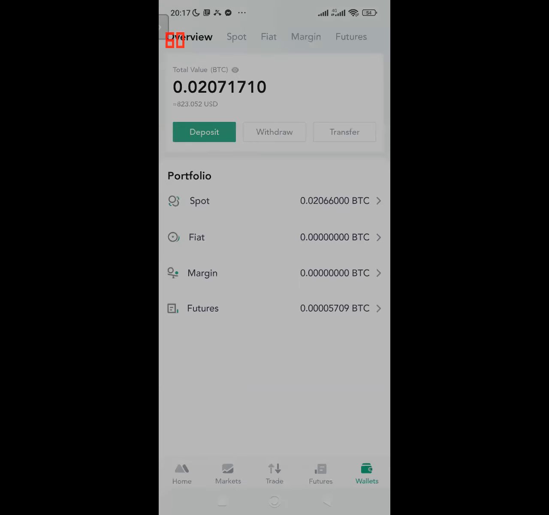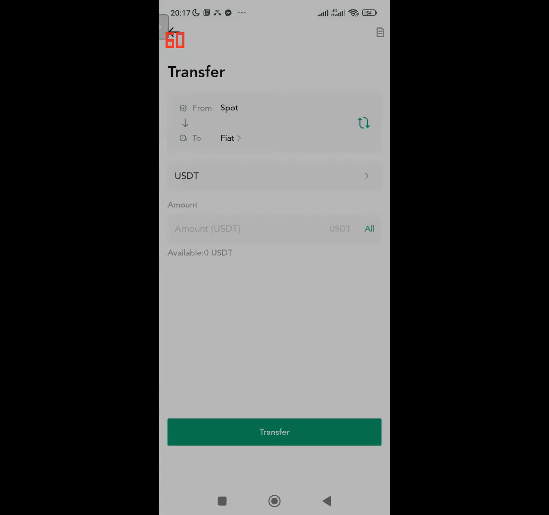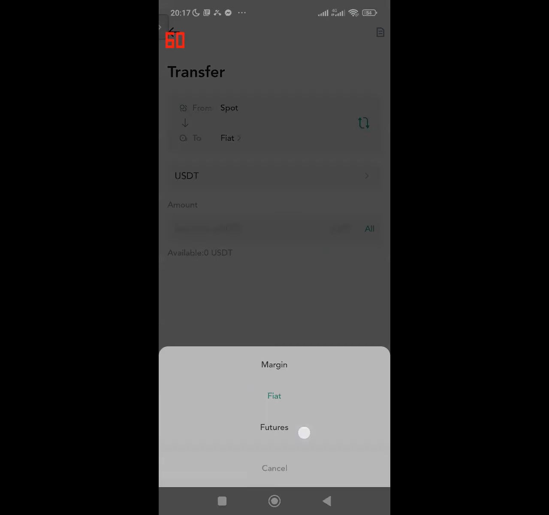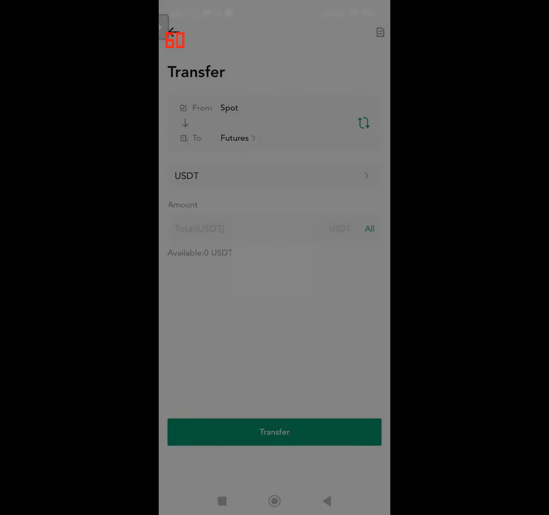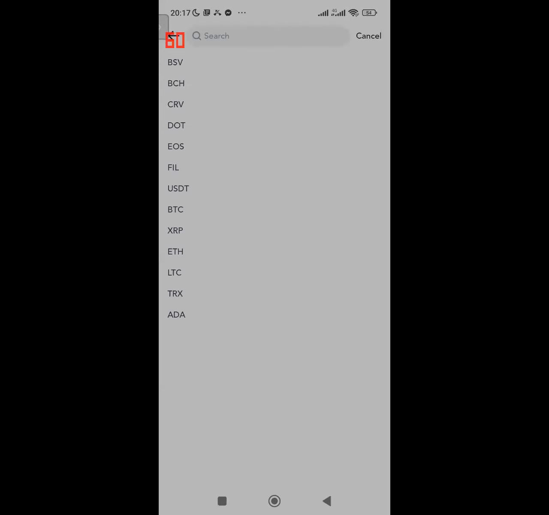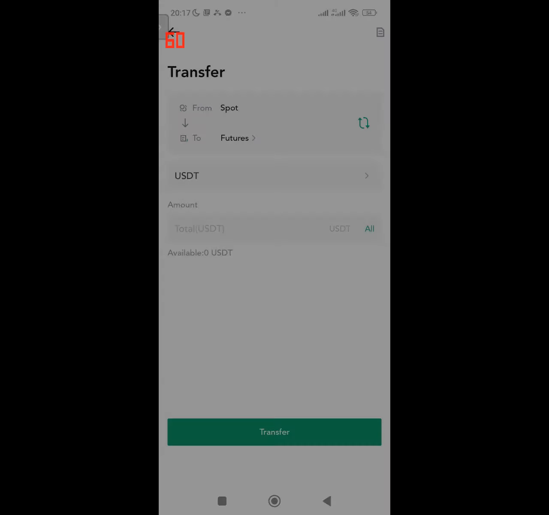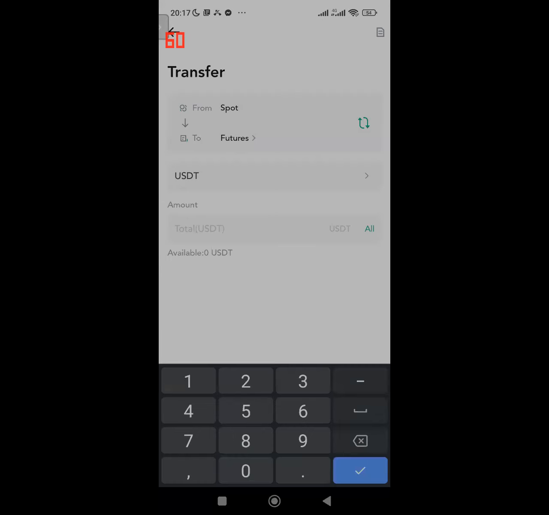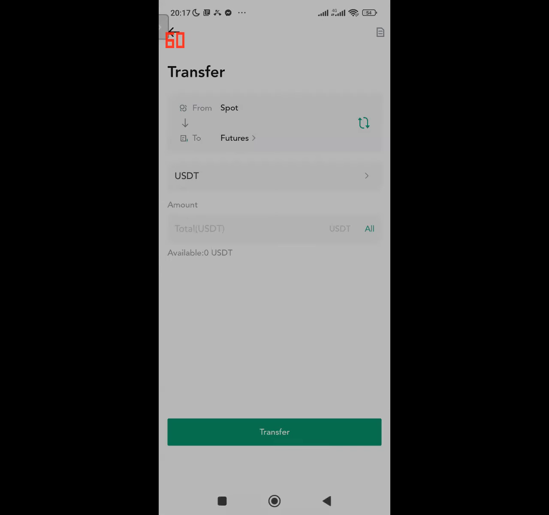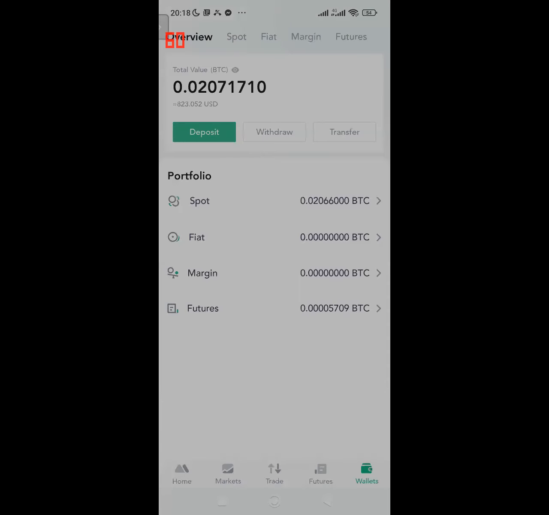After that, click transfer from spot to futures, select the coin, which is supposed to be USDT, and select the amount if you have the available balance on your spot account. Once you select the amount, you click transfer and you have funded your future account.